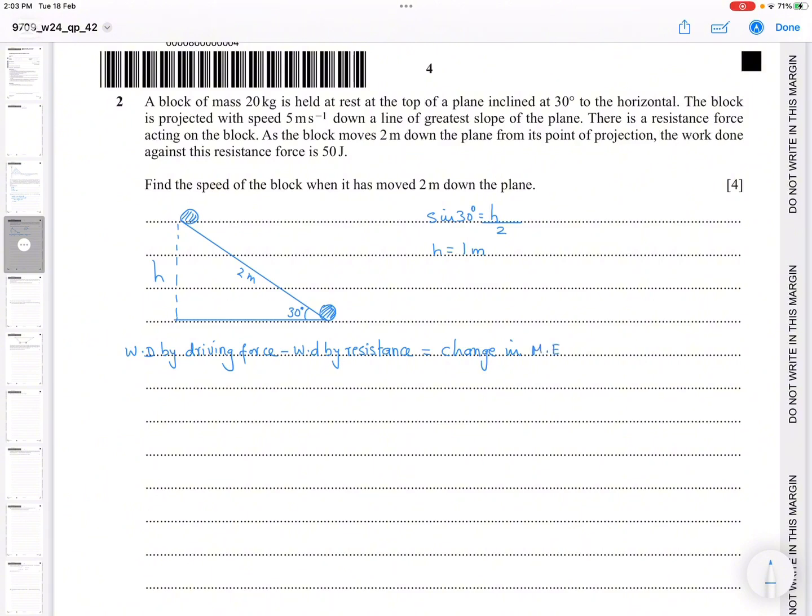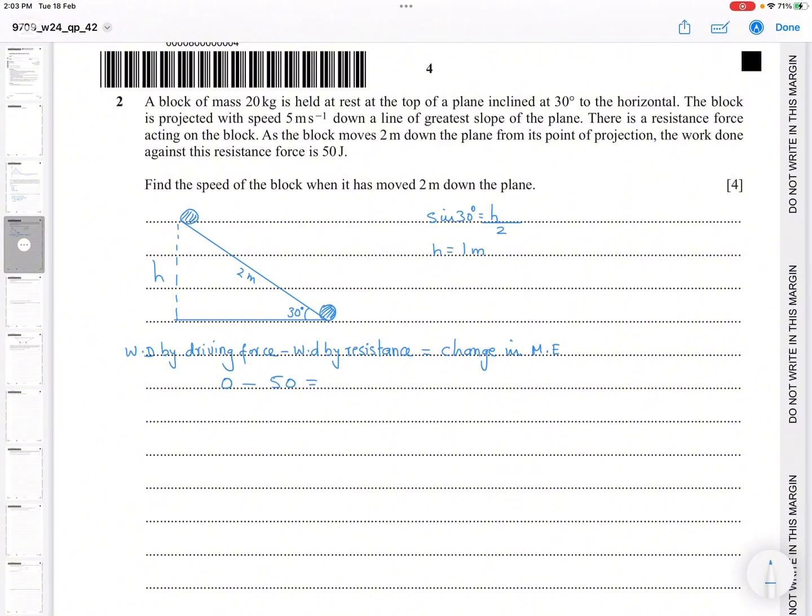Work done by driving force is 0 because we don't have to use anything, or you can say we don't have any force to slide it down. So minus work done by resistance, which is 50 joules. This is the change in mechanical energy, which is actually final kinetic energy minus initial.